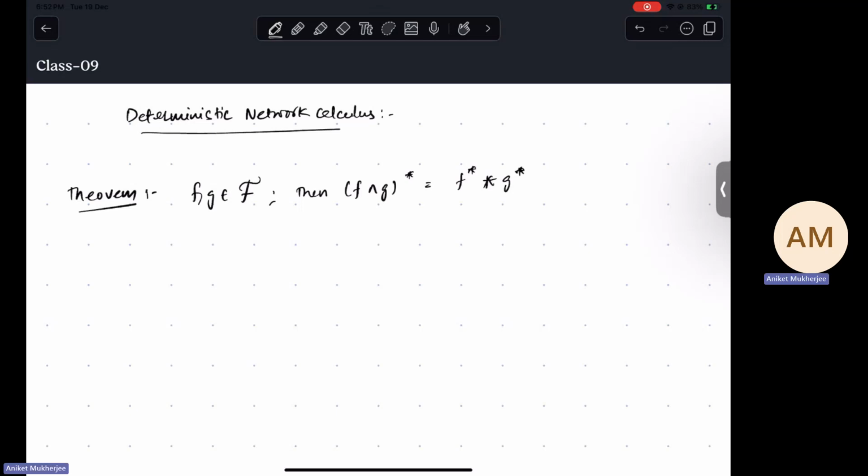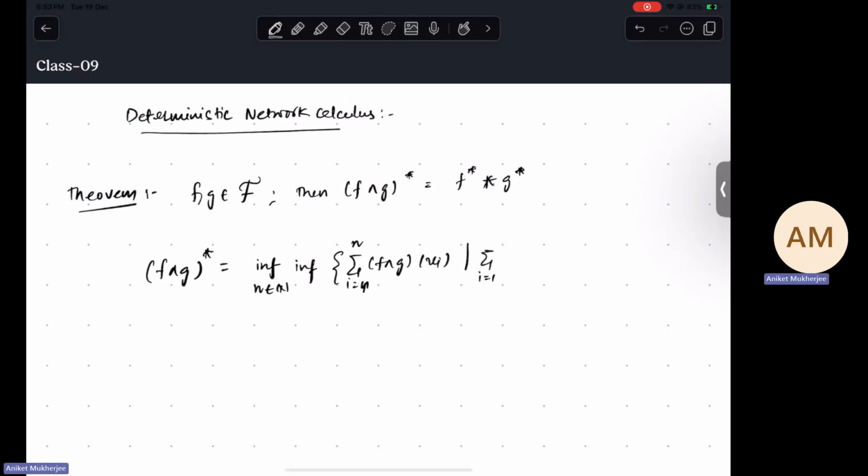We'll first use the definition of the Kleene star operator, or the subadditive closure operator. This is the infimum of the sum i equal to 1 to n, f pointwise minimum g of u_i, such that the sum of u_i for i equal to 1 to n equals t.